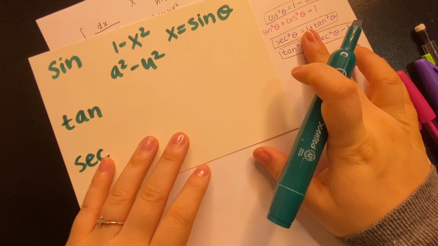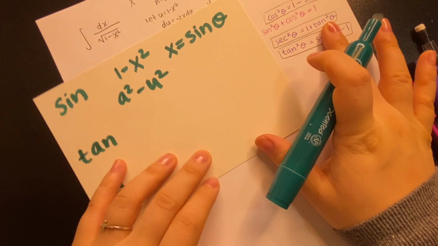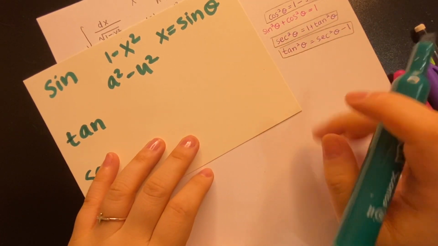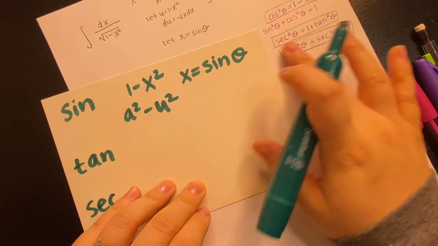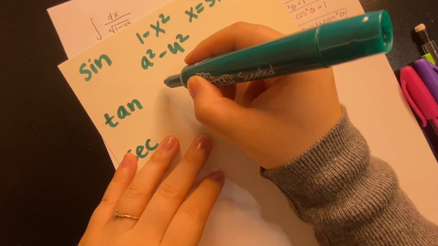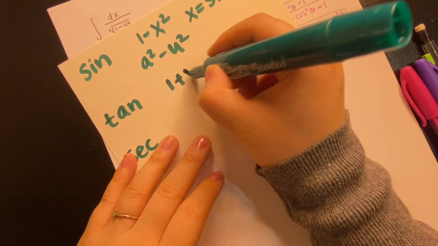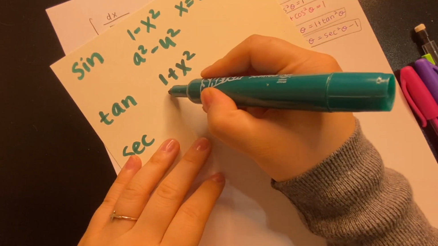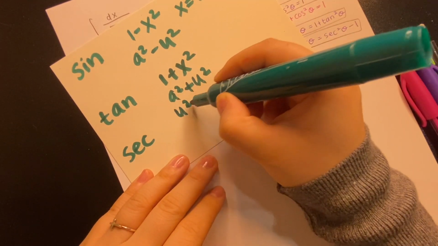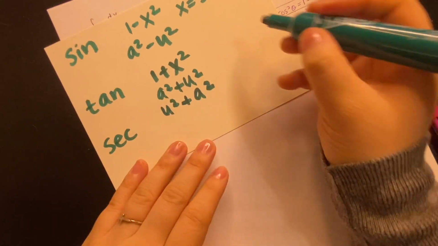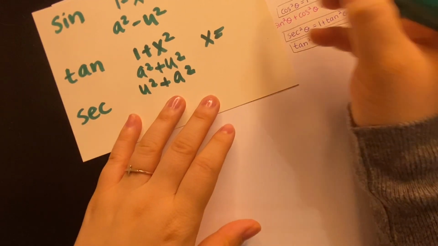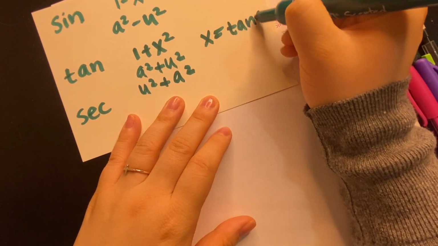I have 1 plus stuff squared. Conveniently, that would give me something to do with secant squared theta, which combines and simplifies that. So if I have 1 plus x squared, or in general a squared plus u squared, or the other way around, u squared plus a squared, those are all going to be nice x equals tangent theta situations.